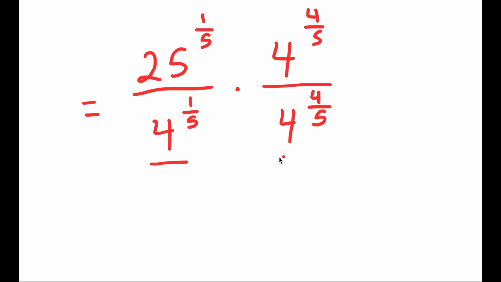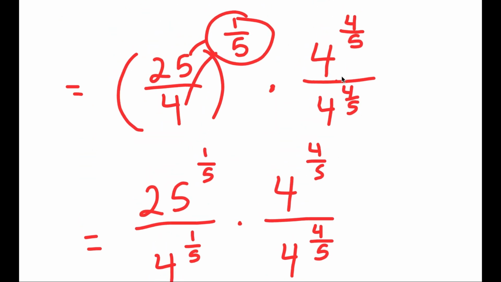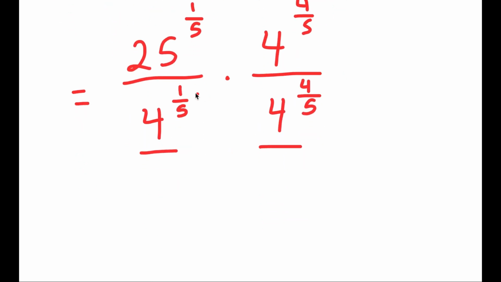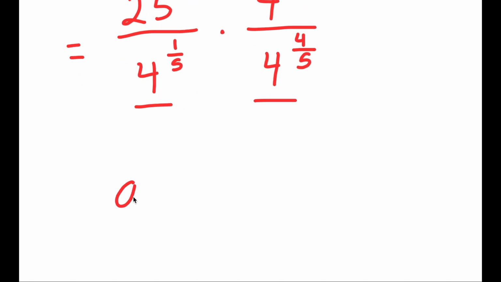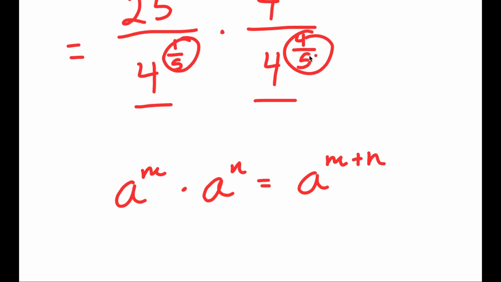So now at the bottom here, the reason we even multiplied this with 4 to the power of 4/5 over 4 to the power of 4/5 was so we can make the denominator a whole number. So if I have something in the form a to the power of m times a to the power of n, this is equal to a to the power of m plus n. Because these two have the same bases, their exponents simply add up.